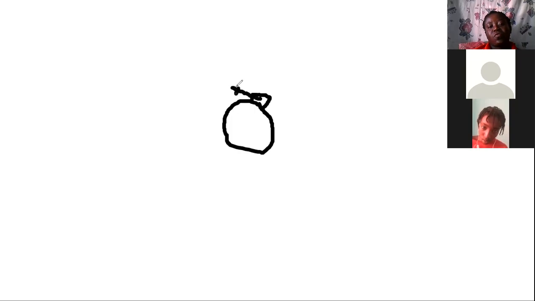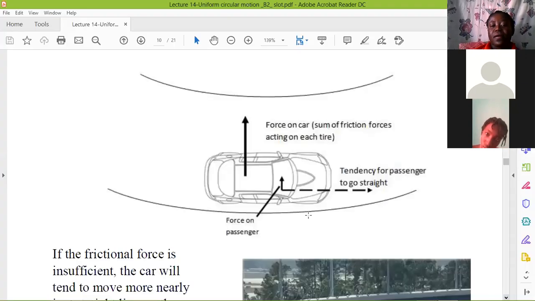It's like you are just moving in a straight line, while the car has a force directed towards the center as it moves in circular motion.